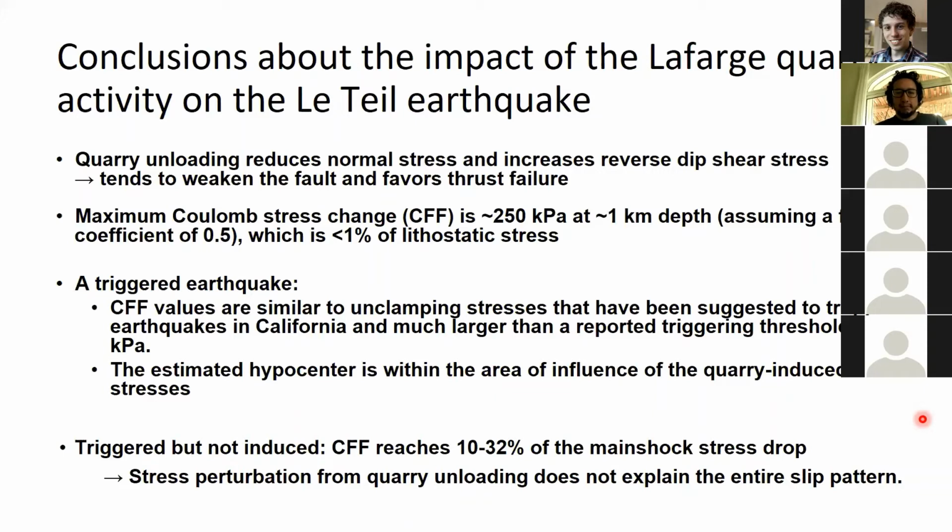This amount of stress change has been reported in the literature, and overall, we have concluded that this event is probably triggered by the quarry activity, but not induced.